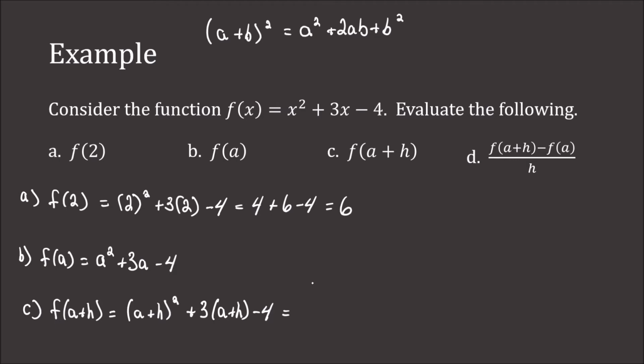So using that, (a plus h) squared is a squared plus 2ah plus h squared. Then we have plus 3a plus 3h and minus 4. And we can just put it in that form.